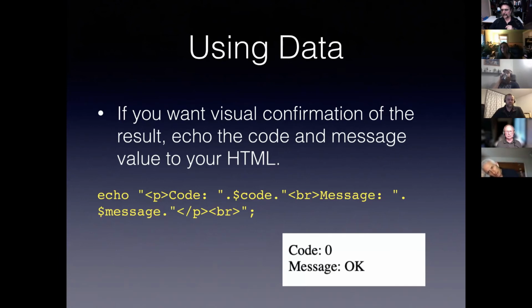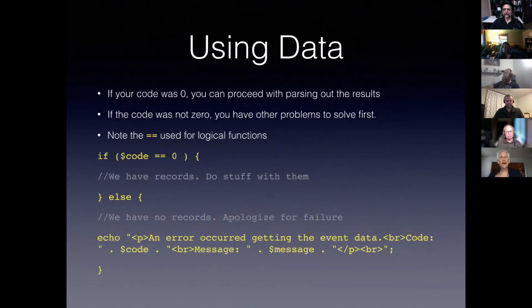If the code came back anything other than 0, we'd want to not parse data and just put up some kind of message like, ooh, bummer, there's an error. And for that, we'll use a little bit of logic in PHP. So I can do all the same logic functions, including if statements.